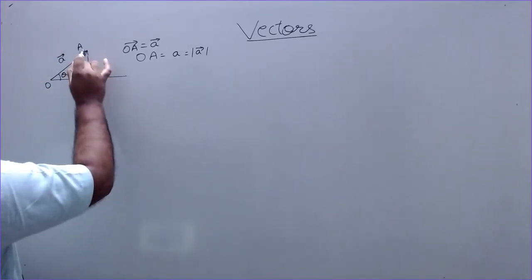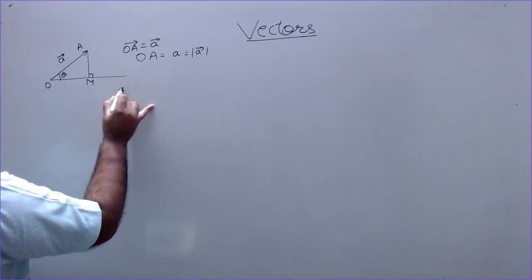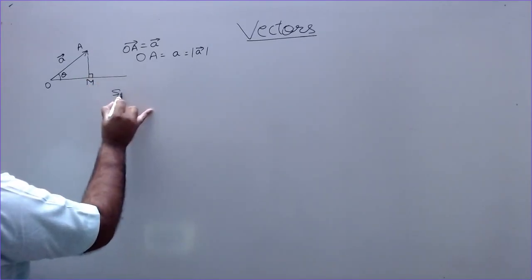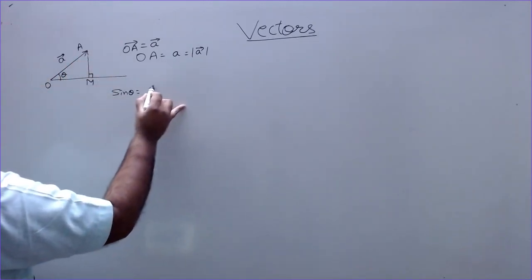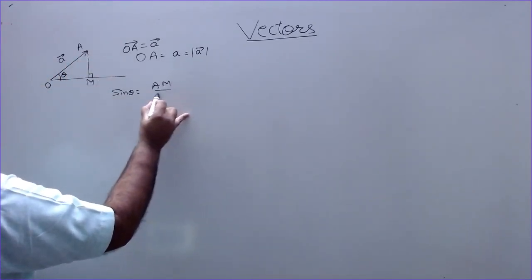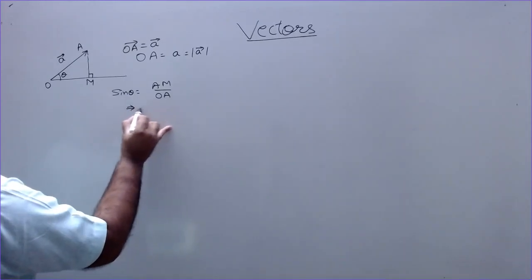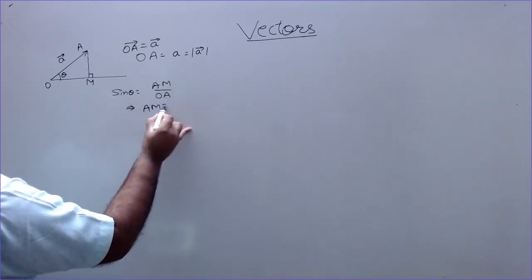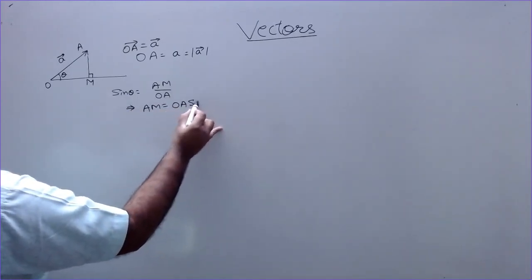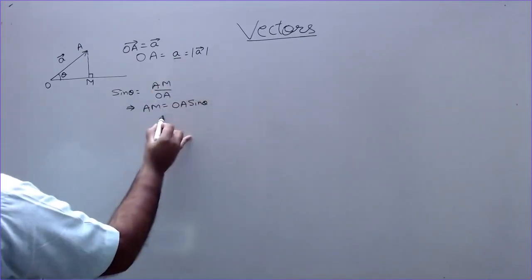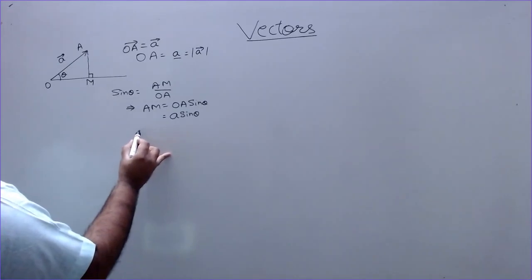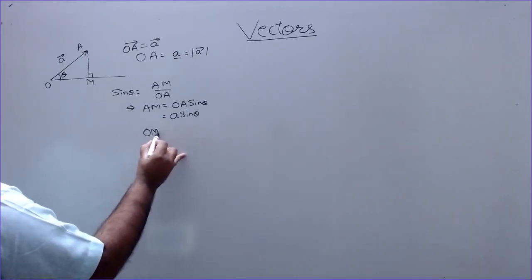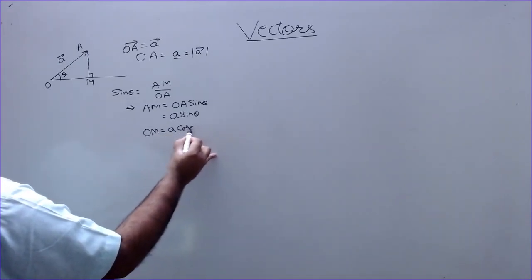If I drop a perpendicular from here, I can write sine theta in this triangle. What is this? AM divided by OA. So AM is equal to OA sine theta. What is OA? The magnitude of the vector, A sine theta. And similarly, I can write OM equal to A cos theta.